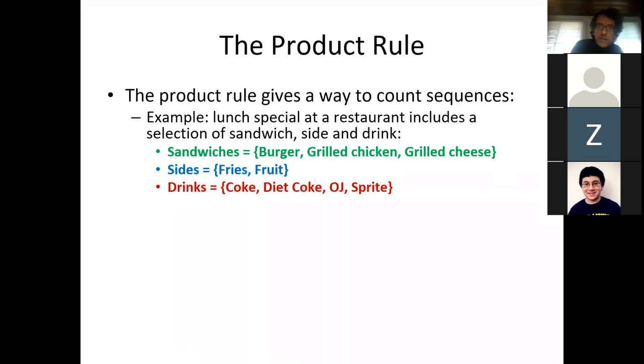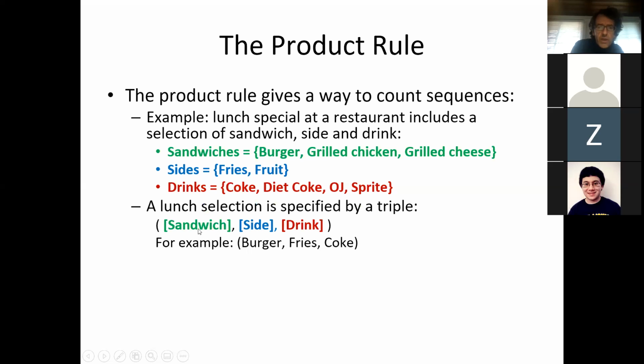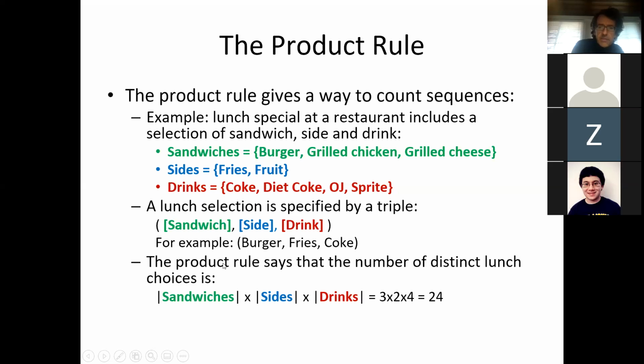You can think of this as a record data structure. And the question is, how many possible records do you have if these are your domains? So lunch is a sequence, and the product rule says that the number of such possibilities is you just multiply the cardinalities of these three sets.